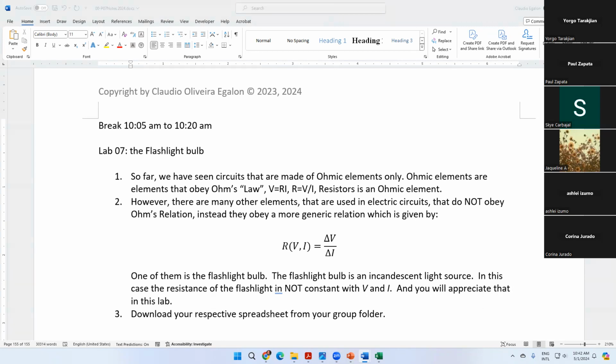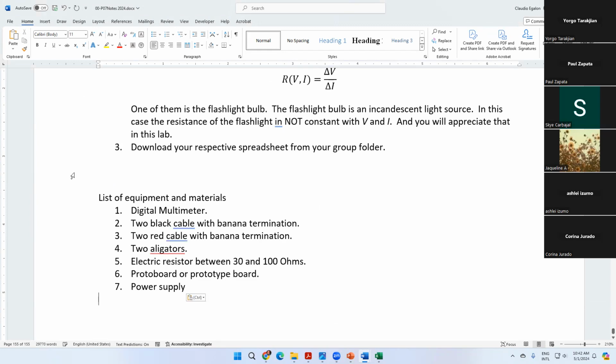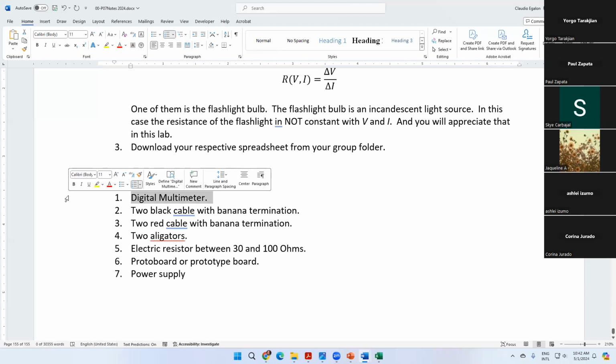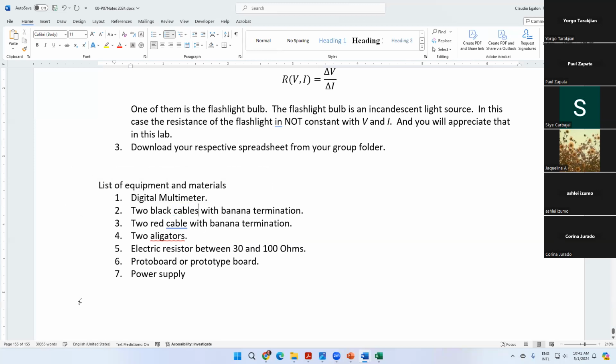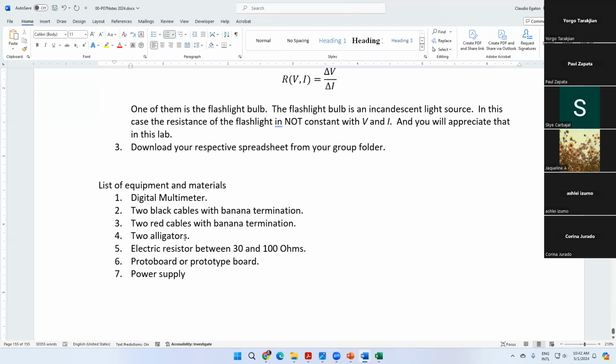Okay. So let's take a look at the list of equipment. Digital multimeter. Did you notice that we keep on using the digital multimeter over and over again? 2 black cables with banana termination, 2 red cables with banana termination, 2 alligator clips.